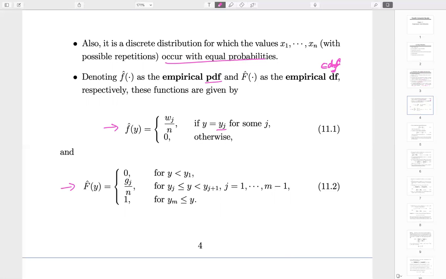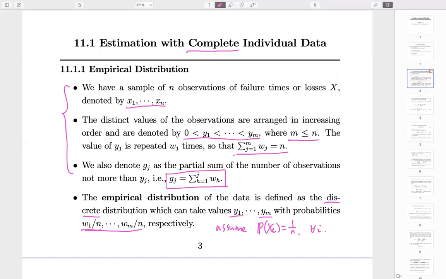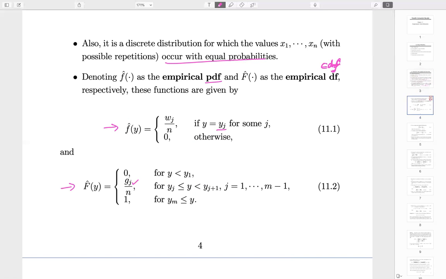To define the empirical CDF, we do cumulative counting. So you count cumulatively. That's why it's not just the exact count; it will be all the counts below whatever value you want. Since this is discrete, as we already mentioned in the previous slide, you expect this kind of shape.